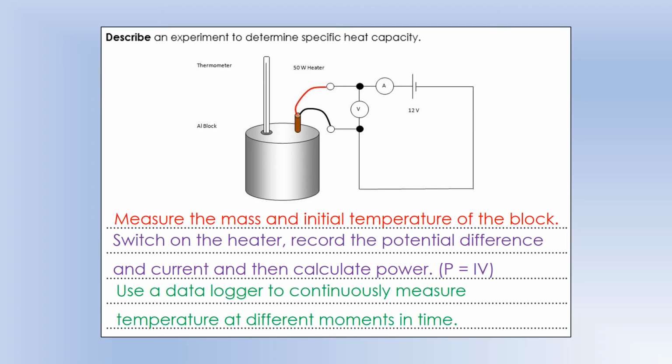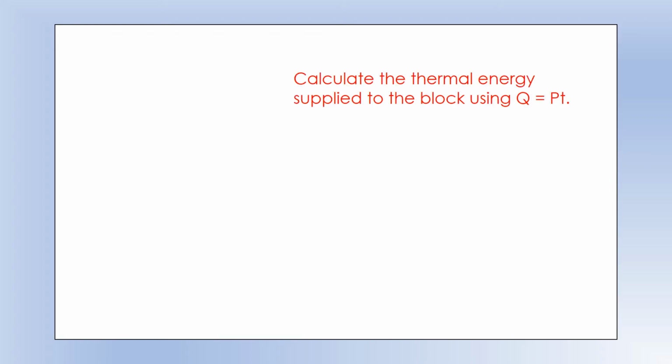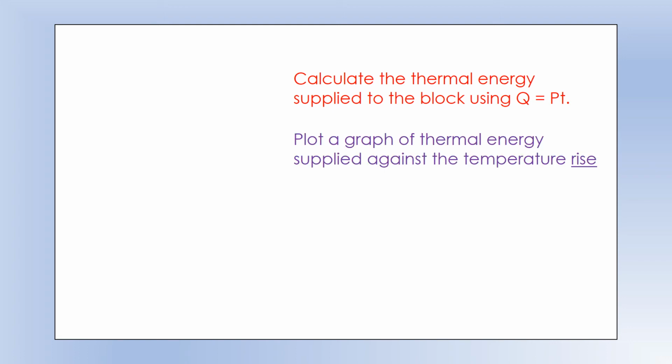So using a data logger, we can continuously measure the temperature at different moments in time. I would use a data logger here, which is effectively a thermocouple. Then we're going to calculate the thermal energy supplied to the block using energy is equal to power times time. And here we are assuming that all the energy that we produced is going to the block.